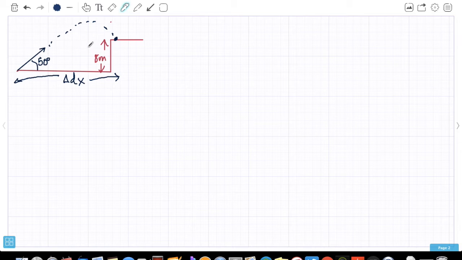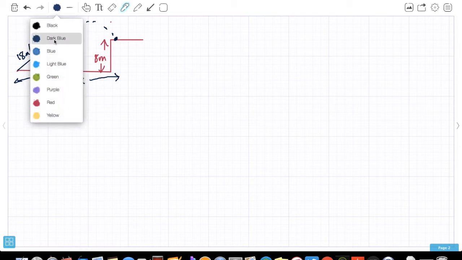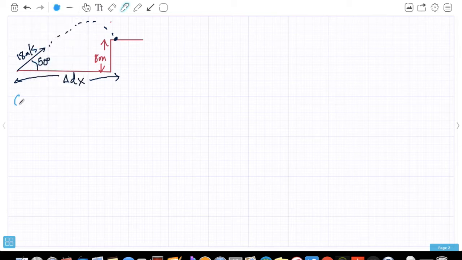So let's start by breaking up our problem. Oh yeah, we should also probably put the velocity here. It's going at 18 meters per second. So let's write down our givens. And again, just like every 2D problem, we'll treat it as two separate problems, one in the x direction and one in the y.